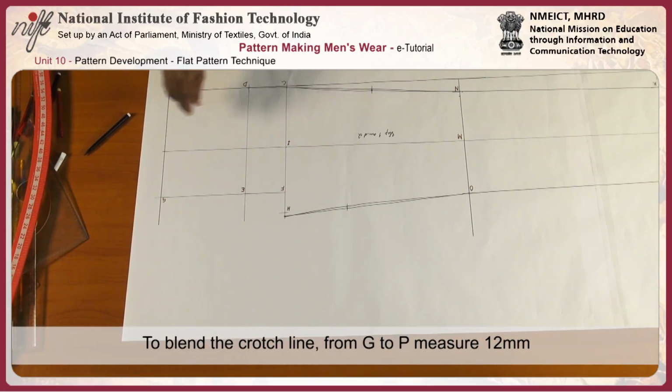Now blending of crotch line and waistline. For the crotch line, from point G to P, measure 12 mm.